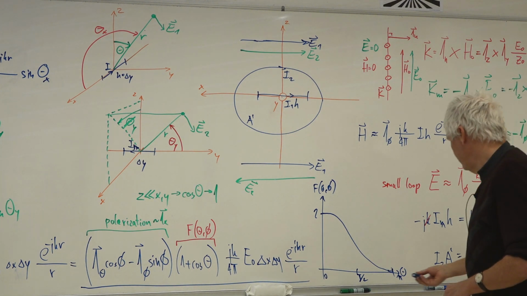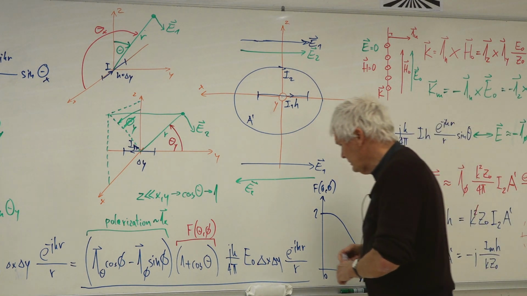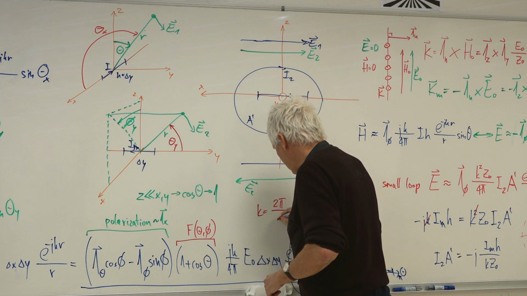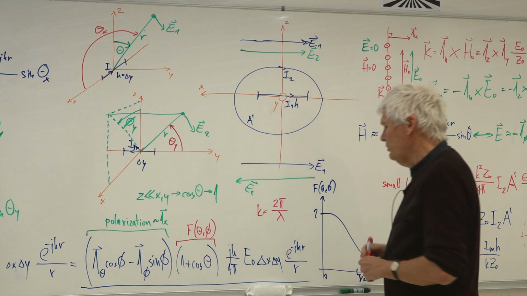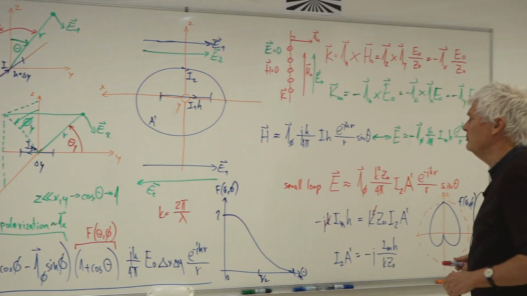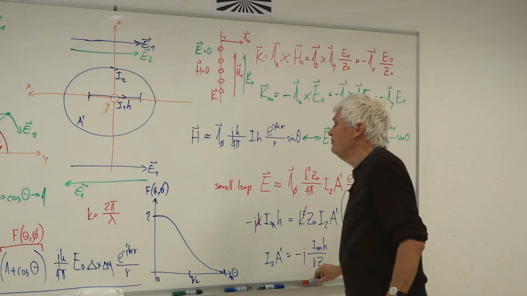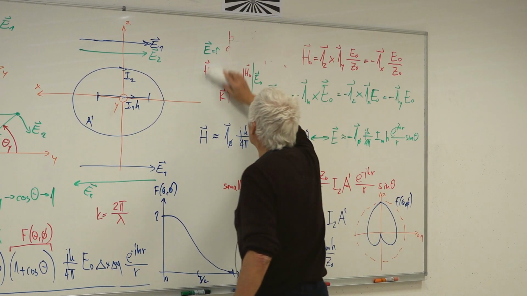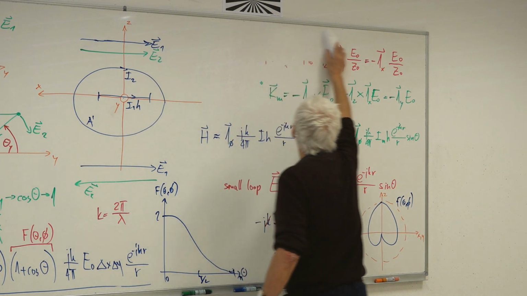So the wave number is simply 2 pi over the wavelength. Usually we draw this with a wavelength. So if I rewrite the result here, I think I can erase this picture over here.